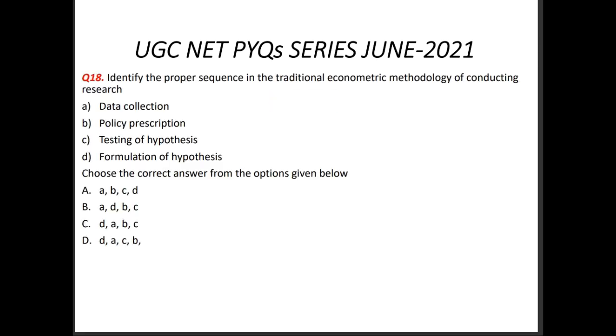Okay. Next question. Identify the proper sequence in a traditional econometric methodology of conducting research. The options are data collection, policy prescription, testing of hypothesis, formulation of hypothesis. First comes formulation of hypothesis, because first you have to formulate the hypothesis. After that, data collection, then testing the hypothesis.